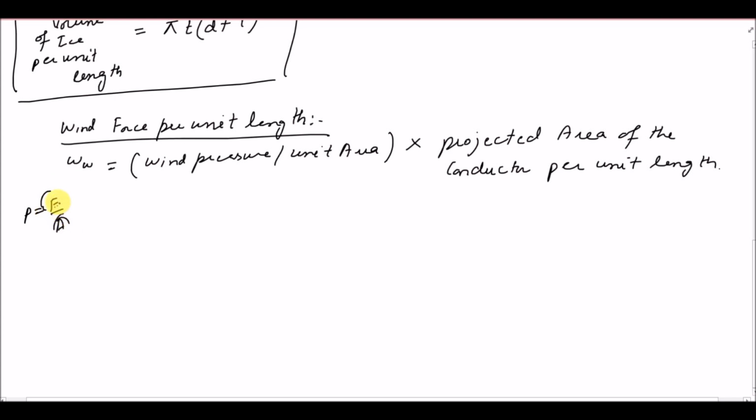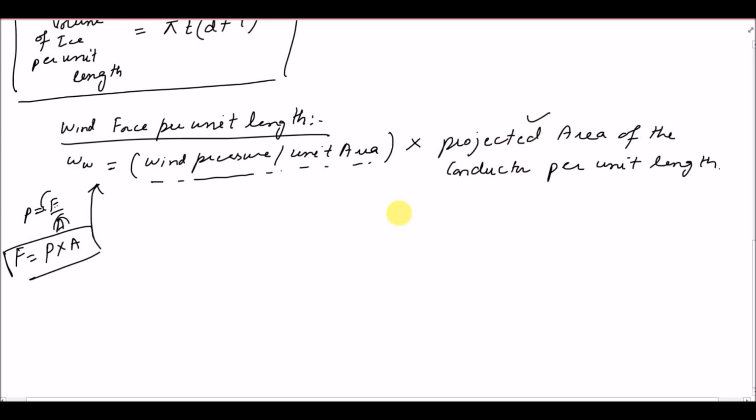Now if I have to calculate the wind force per unit length, F is actually equal to pressure per unit area into projected area. So that is the same formula that we know, right? So we know the pressure value. Now we have to calculate the projected area, right?